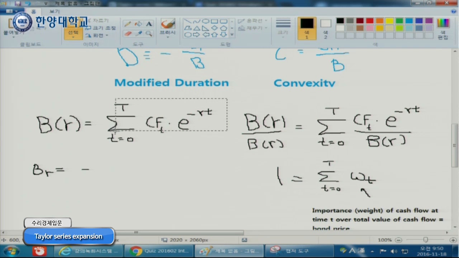The derivative of an exponential is the exponential, so we can recycle this one. But T is in front of it, so we write T over here. Because we take the derivative with respect to R, we get minus T in front of it.